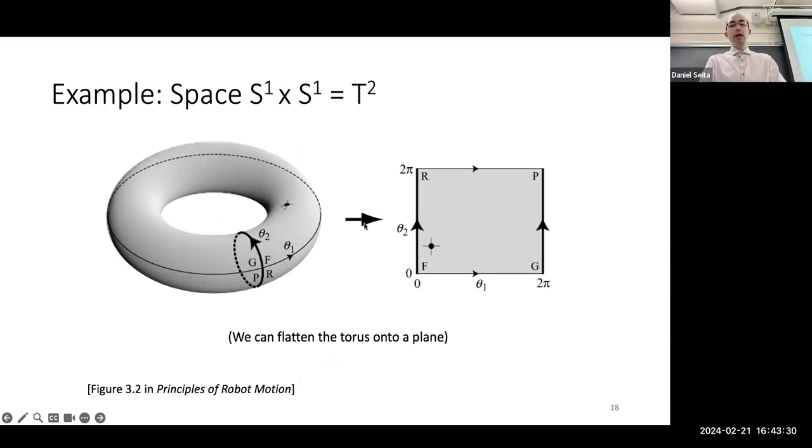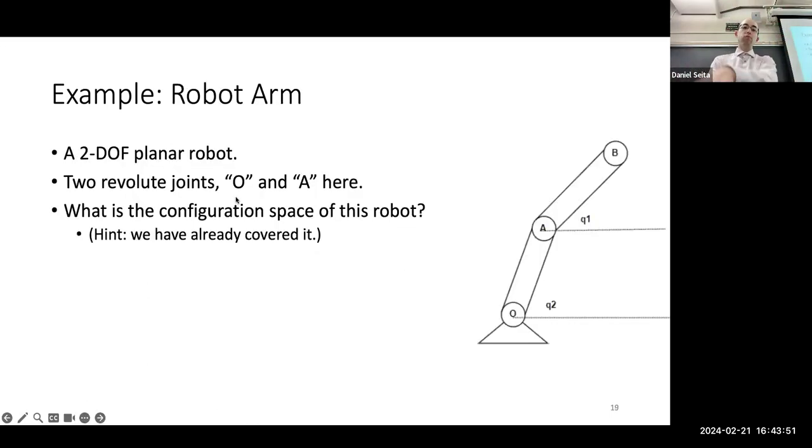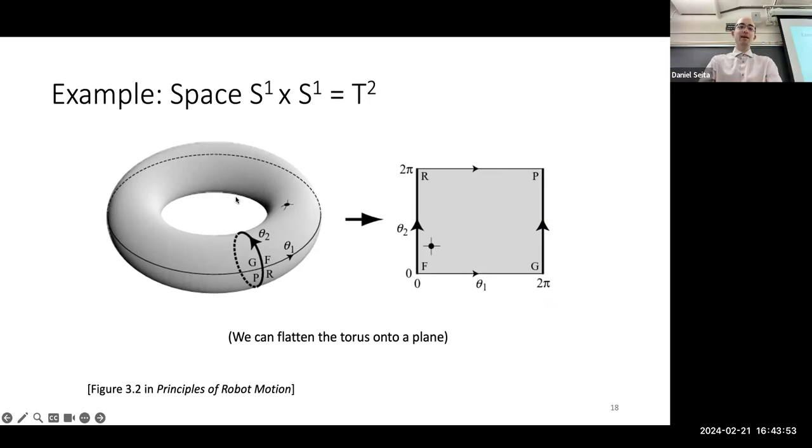And if you want, you can flatten the torus into a plane to represent points as x, y, or with two numbers like theta1 and theta2. But the plane and the torus are not topologically equivalent because you cannot continuously deform a torus into a plane.